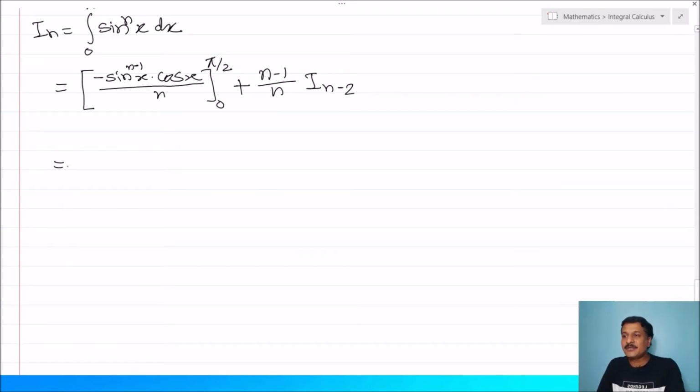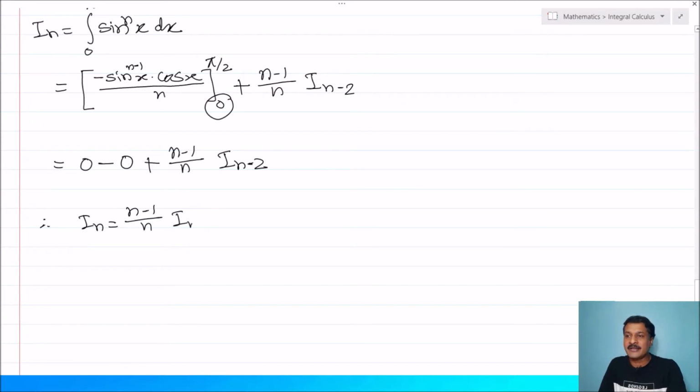So as we know cos pi by 2 is 0, and that is why due to the upper limit I am getting 0, minus, as the sin 0 is 0, that is why for the lower limit also I am getting 0, plus n minus 1 upon n I_n minus 2. Therefore, finally I am getting here I_n equal to n minus 1 upon n I_n minus 2.